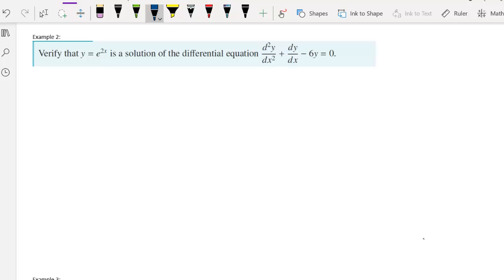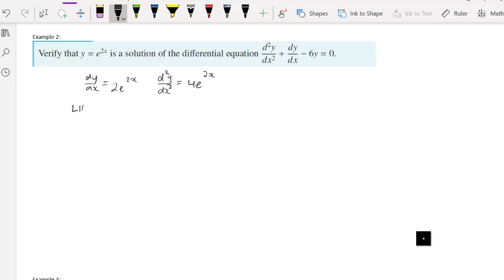So before we start, we will need to work out dy/dx. dy/dx will just be the derivative of that, so we'll have the derivative of 2x, which is 2, multiplied by e to the 2x. And the second derivative, d squared y on dx squared, will be the derivative of the derivative, so multiplied by 2 again, we've got 4e to the 2x.